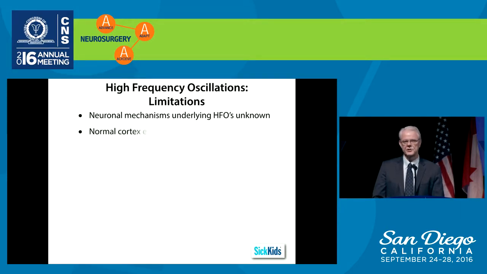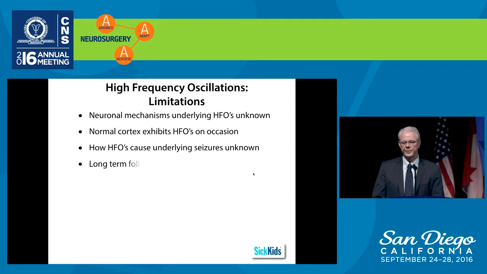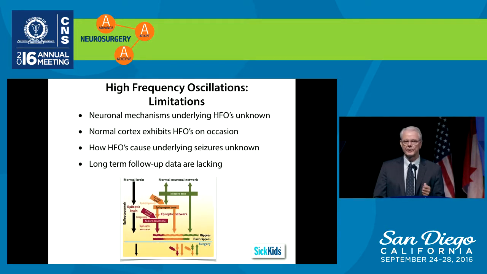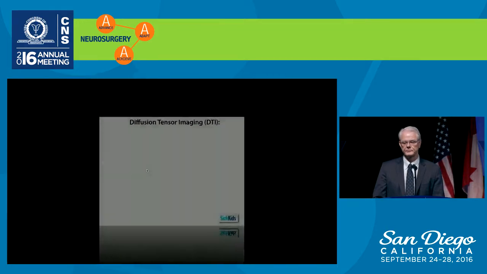It has some limitations. We really don't understand what the basis is neuronally for what HFOs are. On occasion, normal cortex can elicit HFOs, and we have really at this stage no long-term data. But this is the current model of how HFOs work in the brain and how they create epileptogenesis.